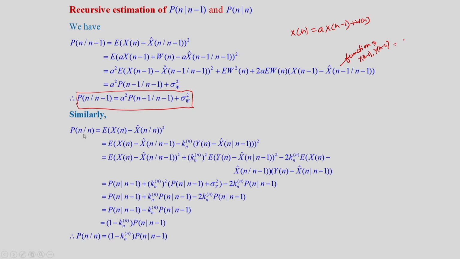Now, let us examine P of n given n, the mean square estimation error. This is equal to E of (x_n minus x hat n given n) whole square.